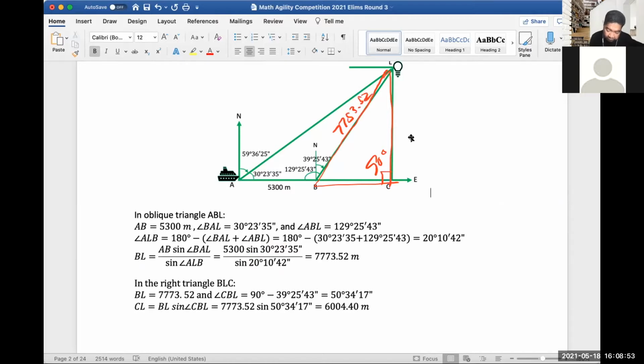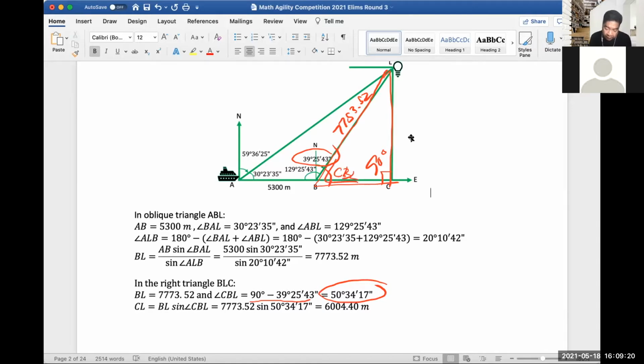To compute angle CBL, this angle here, just subtract the 39 degrees, which is 90 minus 39 degrees. So we get 50 degrees, 34 minutes and 17 seconds. So this is that angle here, CBL.